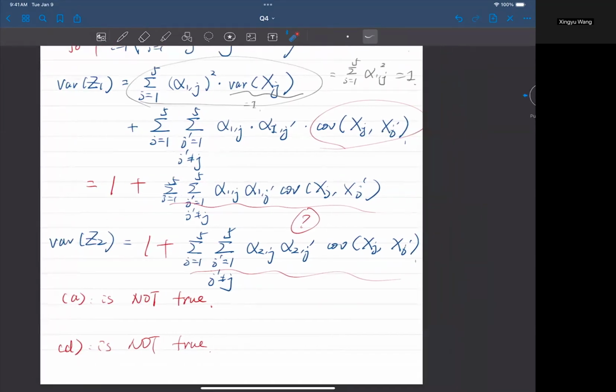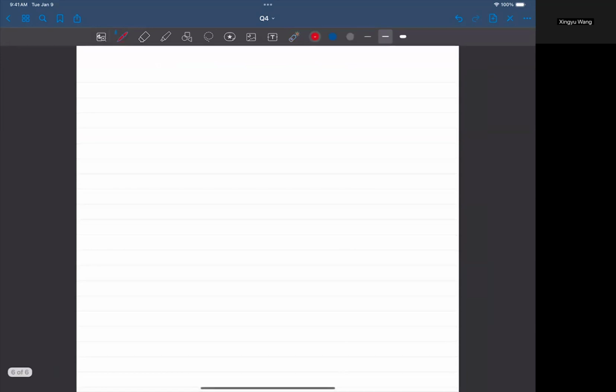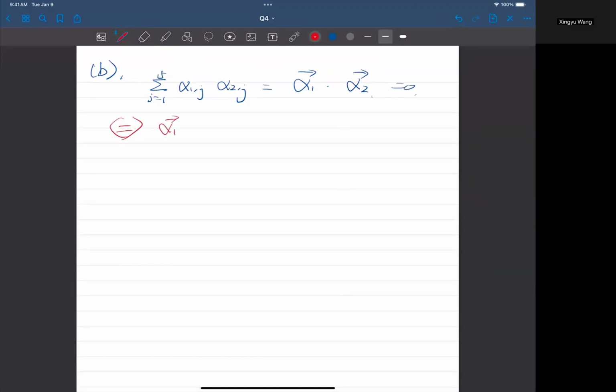Cool, let's move on to part B, claim B. This claim says the sum over j from 1 up until 5 of alpha 1j alpha 2j is equal to the dot product of the vector alpha 1 and alpha 2, and this equals 0. It means that alpha 1 and alpha 2 are orthogonal.